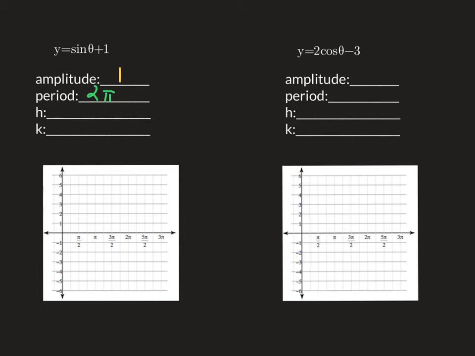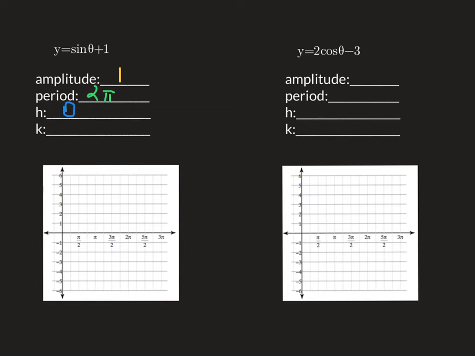That means it takes from 0 to 2 pi to complete one cycle. That could change if there was an h value, but in this problem we do not have an h value, meaning there's no shift left and right. But there is a k, and the k is a plus 1.